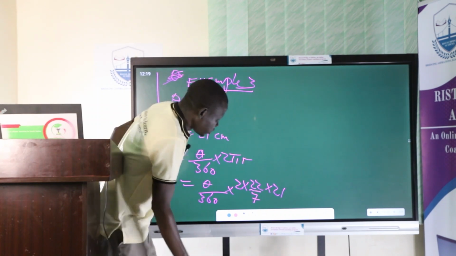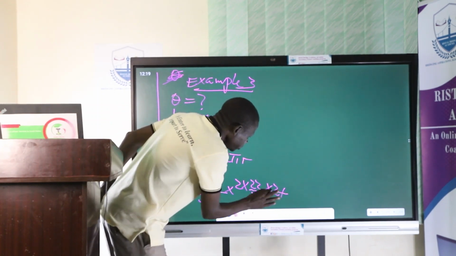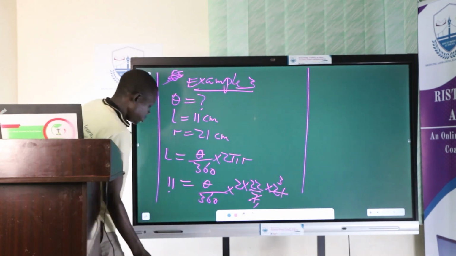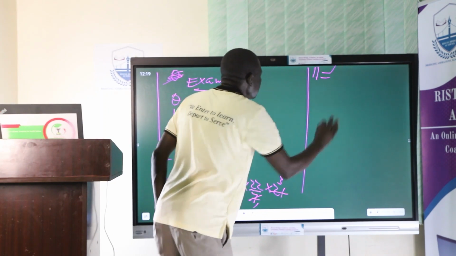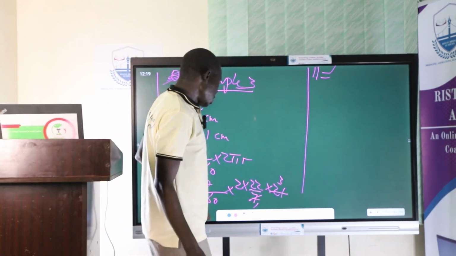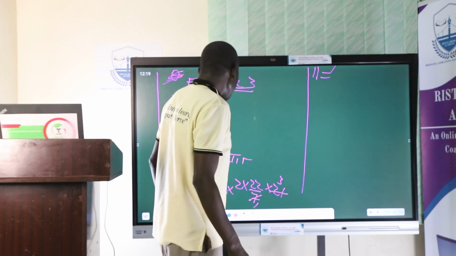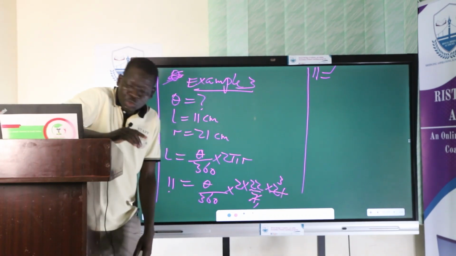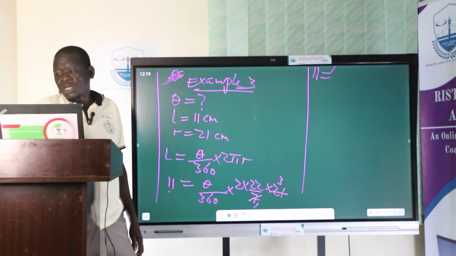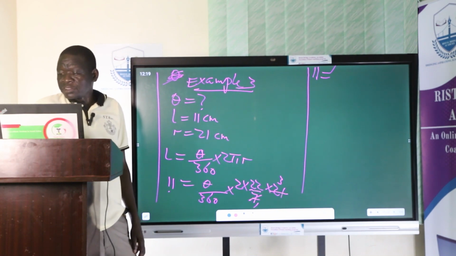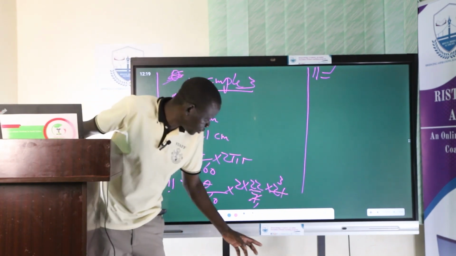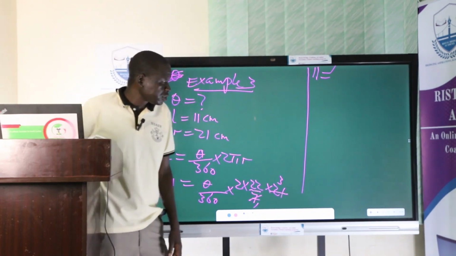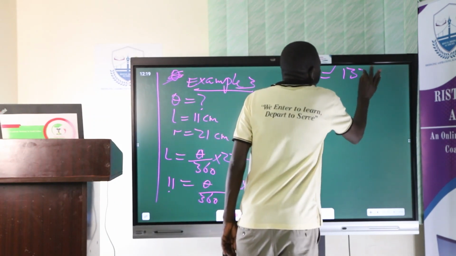So we shall now have 11 is equal to 2 times 22 times 3 times theta. 2 times 22, you get 44. And 44 times 3, we find that we get 132. So we get 132 theta all over 360.